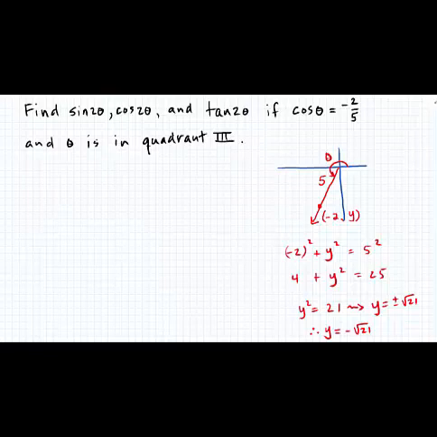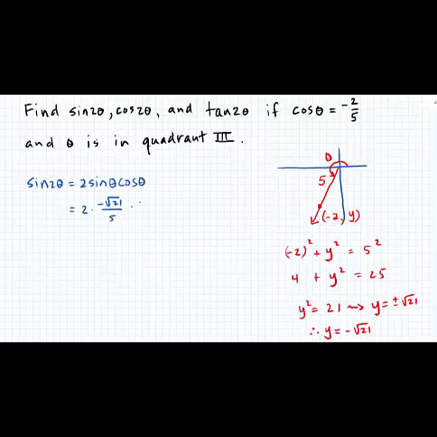Now we're ready to roll over here. Sine of 2 theta, if we rewrite that in terms of single thetas, that will be 2 sine theta cosine theta. And we can just do some substitution. Sine of theta is going to be equal to negative root 21 over the radial distance.